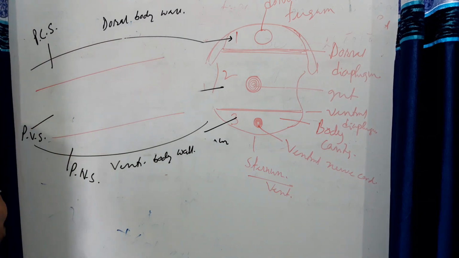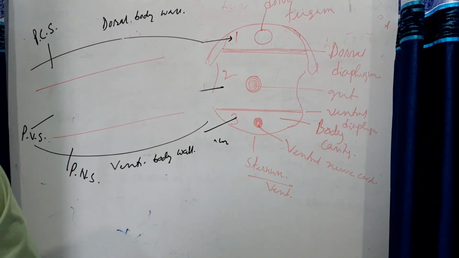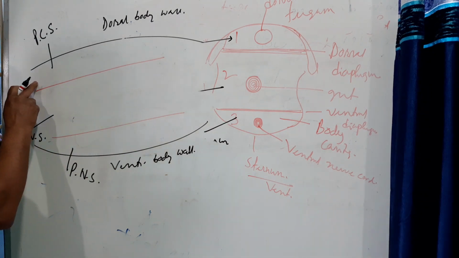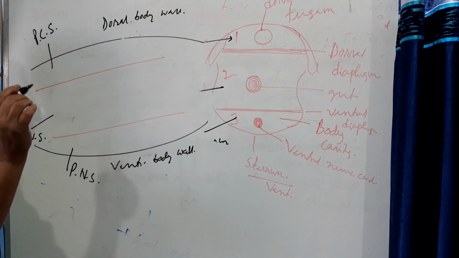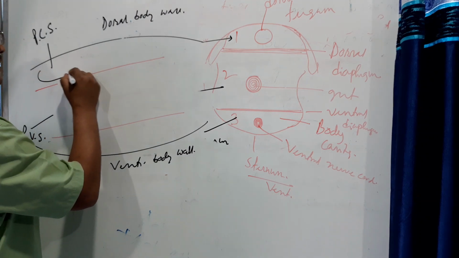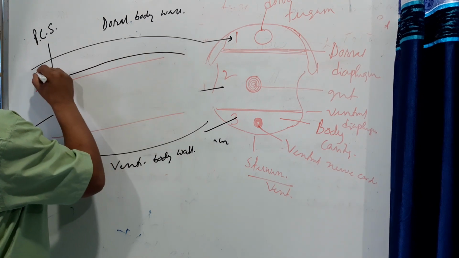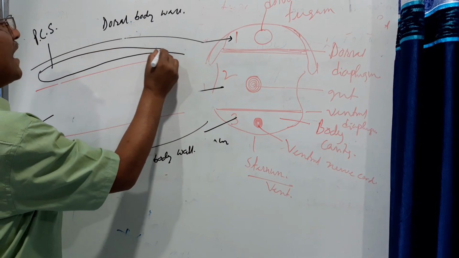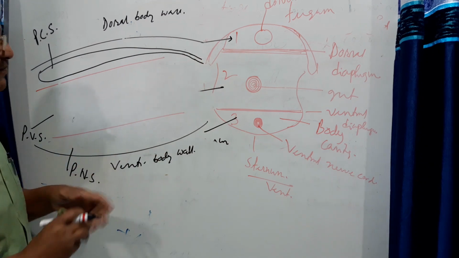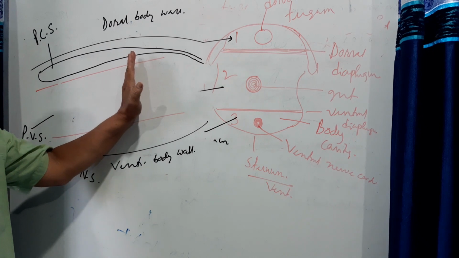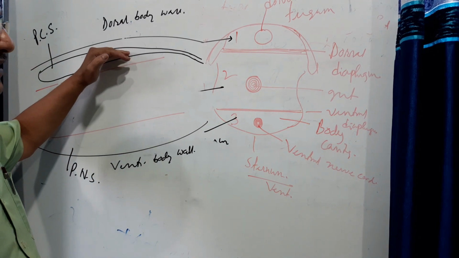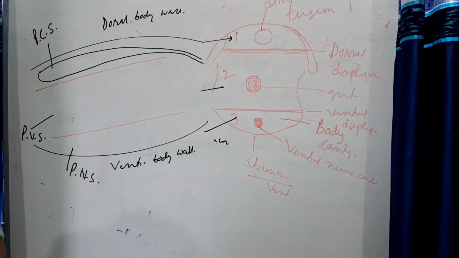So the dorsal vessel runs from the posterior most portion of the insect's body to the anterior part. But in the thoracic region, the dorsal vessel runs along with the alimentary canal.